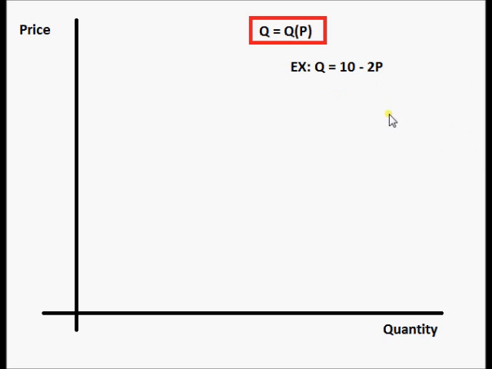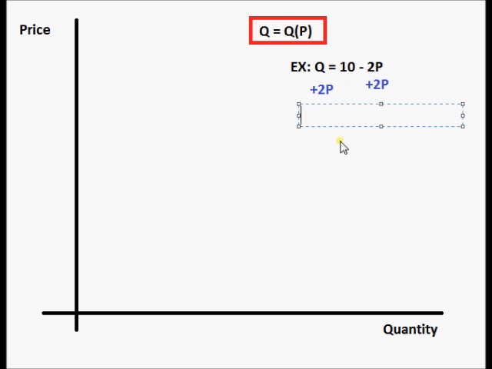Let's see what we can do with this particular demand function. One thing we can do is solve this demand function for price instead of for quantity: price in terms of quantity instead of quantity in terms of price. We add 2P to both sides, and the 2P that I add to the right-hand side cancels the 2P over there.